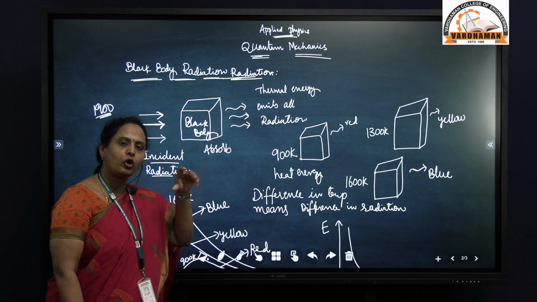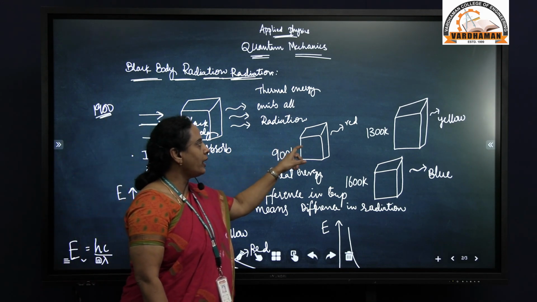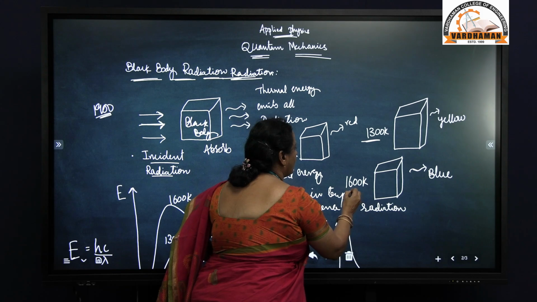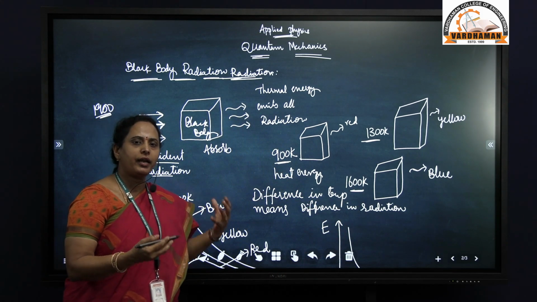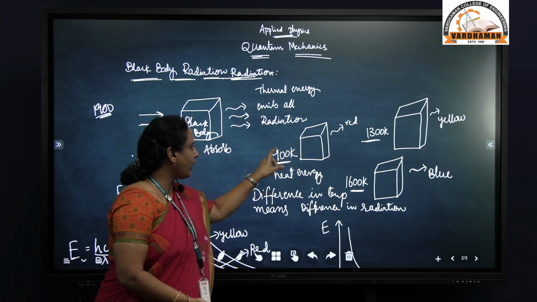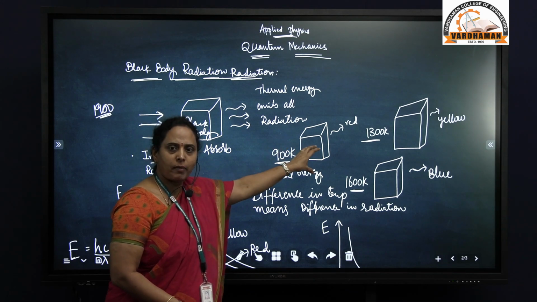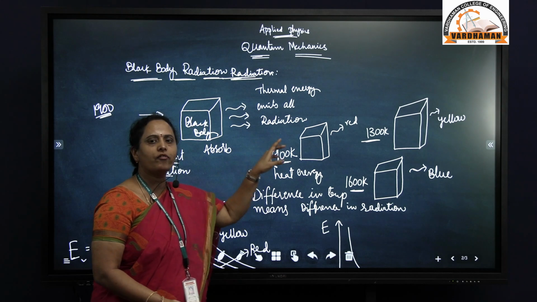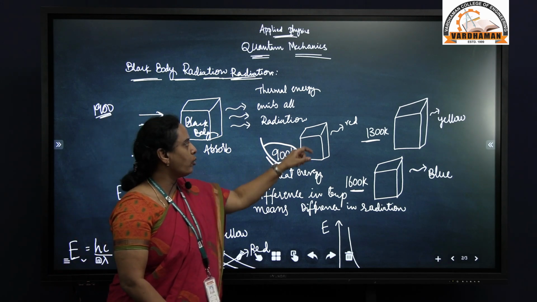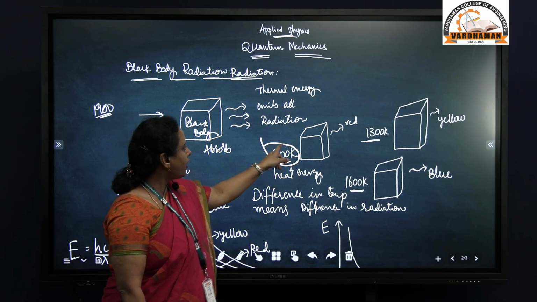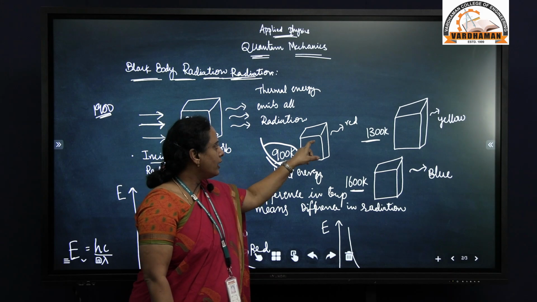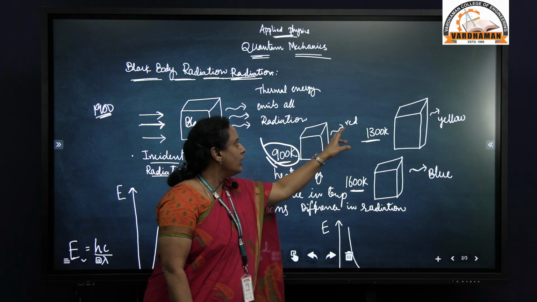To draw the graph, I am going to take a black body at 3 different temperatures. It means we see how the radiation emission of the black body depends on temperature. First, I give this black body a heat energy of 900 K. After absorbing the 900 K heat energy, the black body emits the energy as red light.